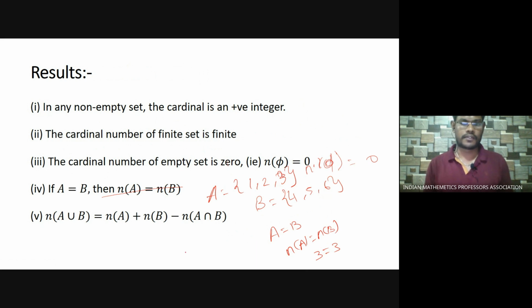And the final one: n of A union B is equal to n of A plus n of B minus n of A intersection B. This is also one of the results.